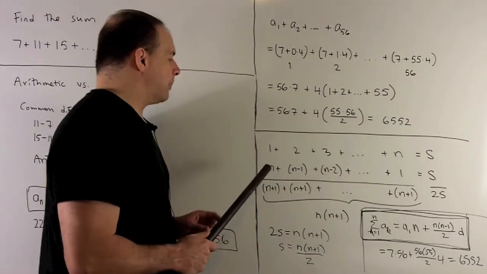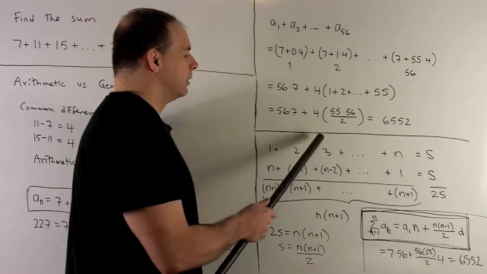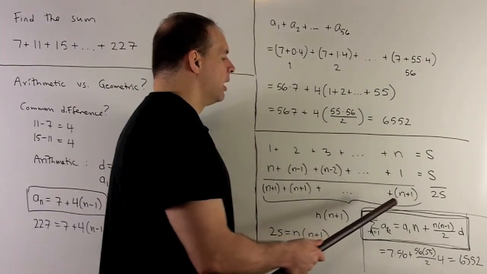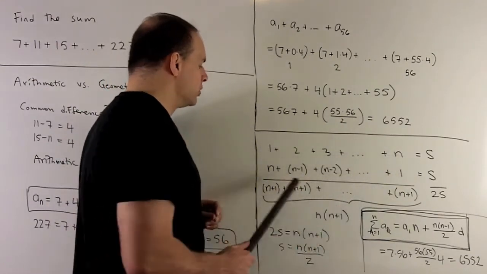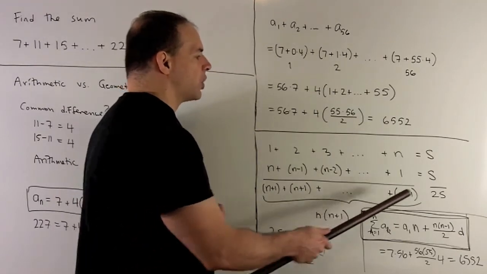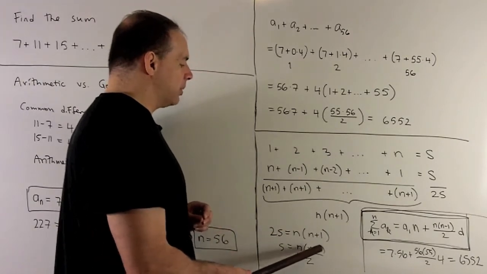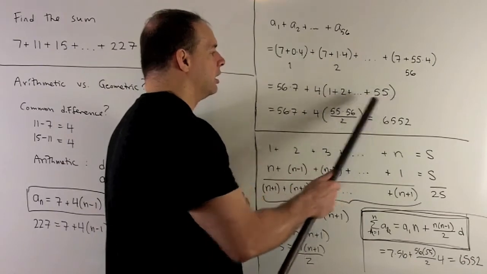On this side, as I go down each column, I get n plus 1, n plus 1, n plus 1, all the way down to n plus 1. Now, we have n of these because we have n columns. So when we take this sum, we get n times n plus 1. So our sum is equal to, if I divide by 2, n times n plus 1 divided by 2. That's how we get from here to here.